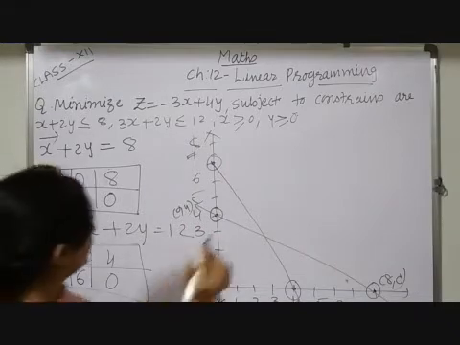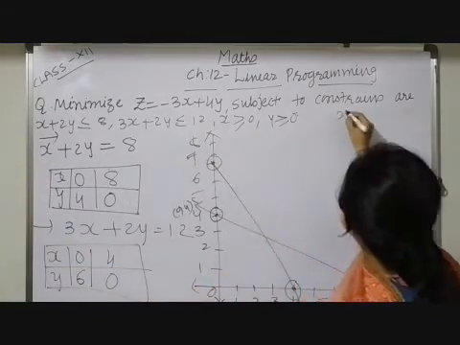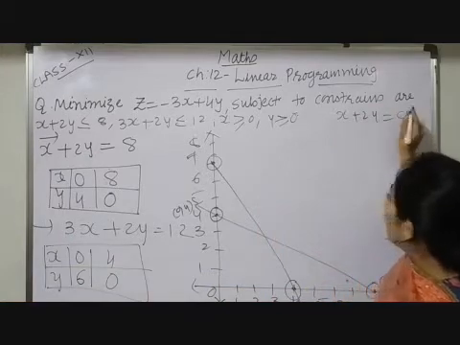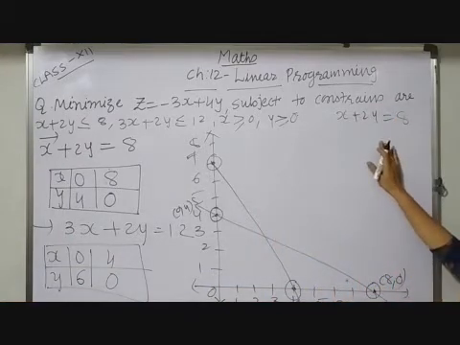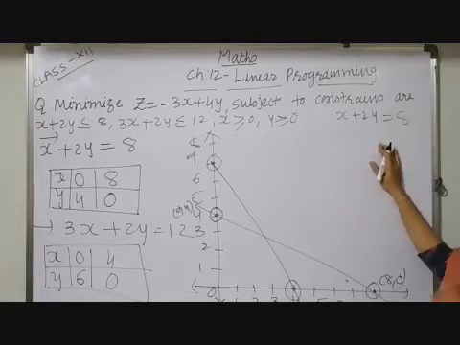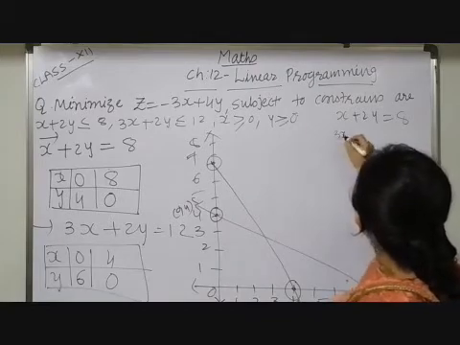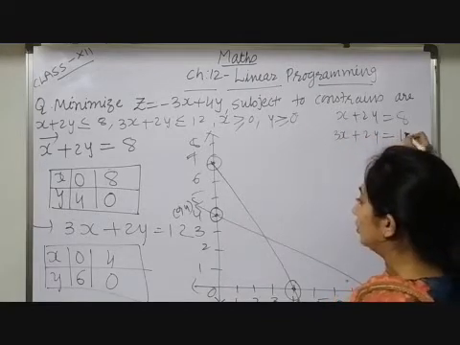Again, this step is not compulsory, but if you have confusion, you just solve both lines: x + 2y = 8 and 3x + 2y = 12.